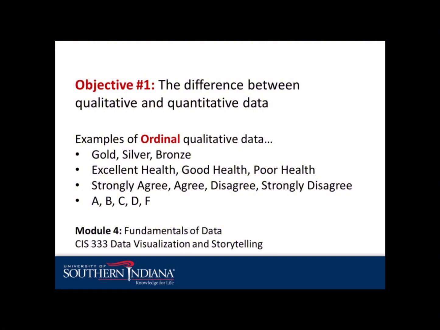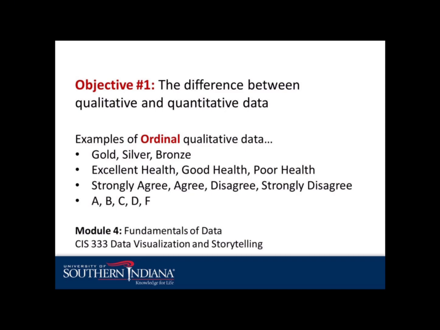Now, there are ways around that, and you may see in a Likert scale, when you're taking a survey, under strongly agree, you may see a number 5, and in agree, you may see a 4, and then the disagree, you may see a 3, and strongly disagree, you may see a 2, and then neutral would be 0.